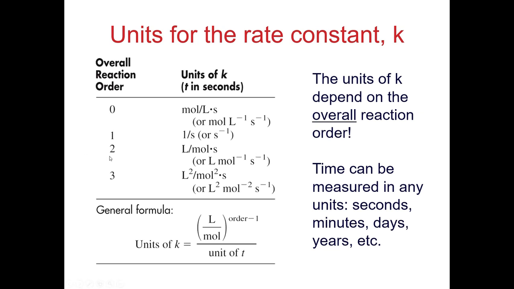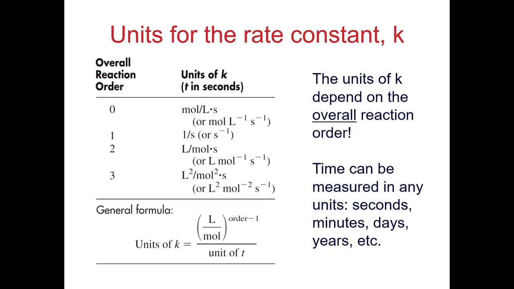If it's second order, we again divide by another molarity, and our units of K are liters per mole seconds, or 1 over molarity times seconds. Third order, we divide by molarity again because we have another concentration to worry about. So we have liters squared over mole squared times seconds, or 1 over molarity squared times seconds.